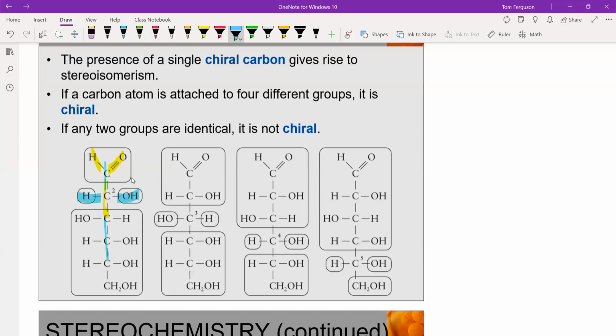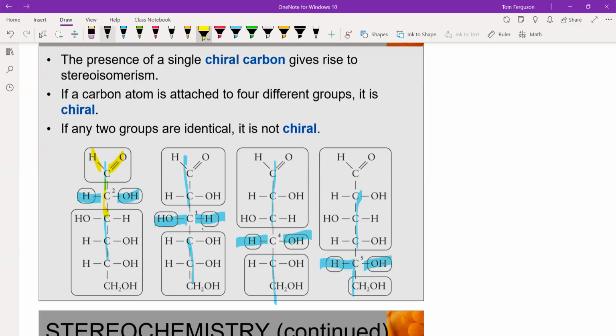Yeah. Look at the third carbon. It's got 1, 2, 3, 4. So it's also a chiral carbon. The fourth carbon, 1, 2, 3, 4. Chiral carbon. Carbon number 5, 1, 2, 3, 4. Carbon number 6, however, is not a chiral carbon.